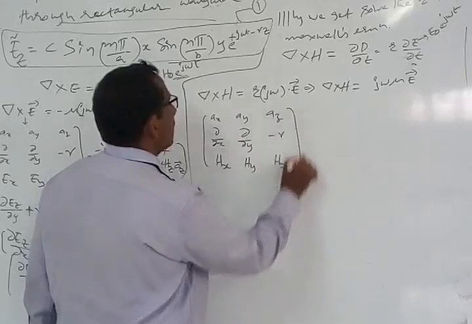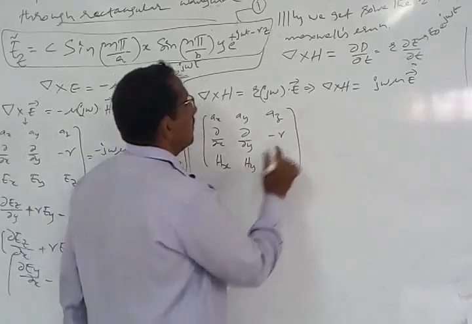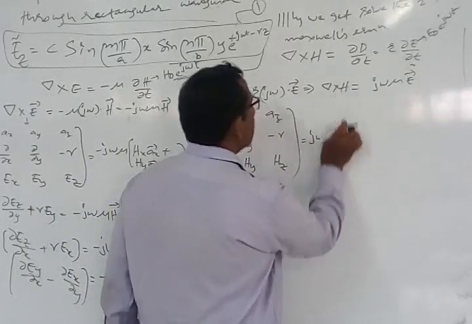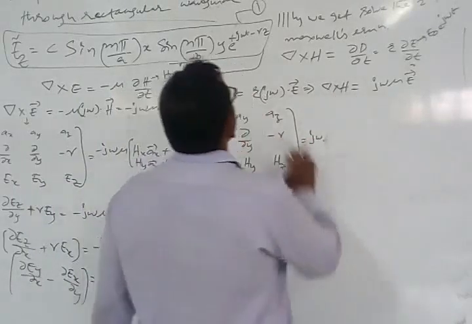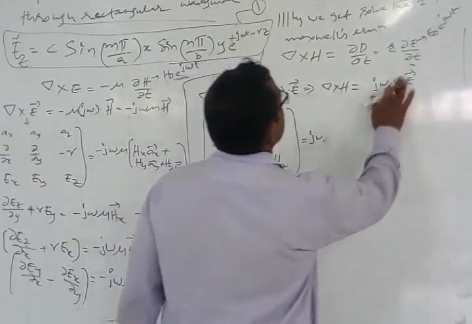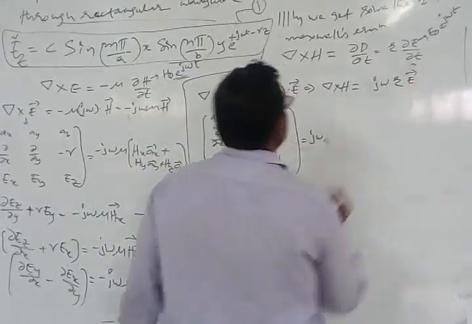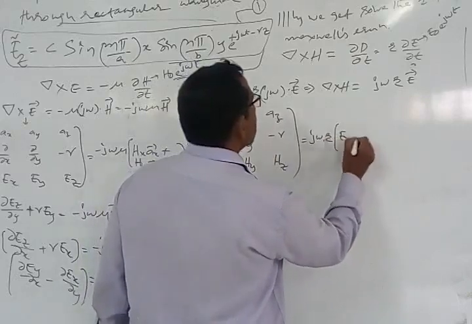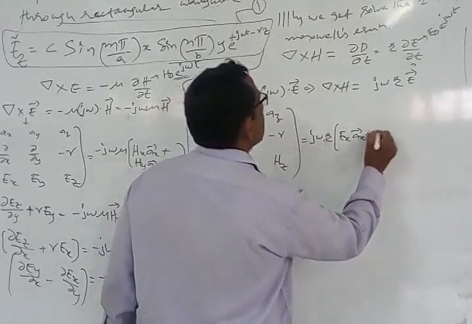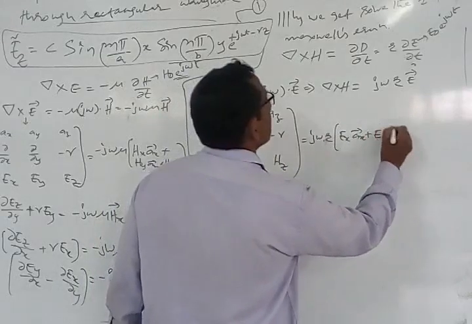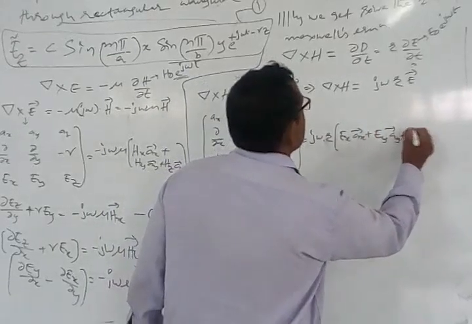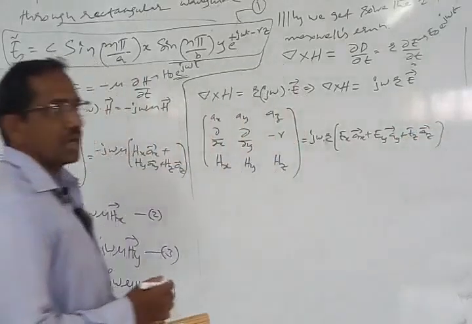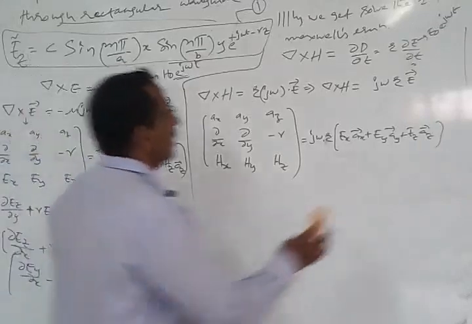We are writing it for the magnetic field, therefore H will come over here, is equal to j omega mu, there was a mistake here, this is epsilon, okay. So it is going to be j omega epsilon into Ex Ax, alright, plus Ey Ay, right, plus Ez Az. So that is the equation that we are going to get over here, alright.